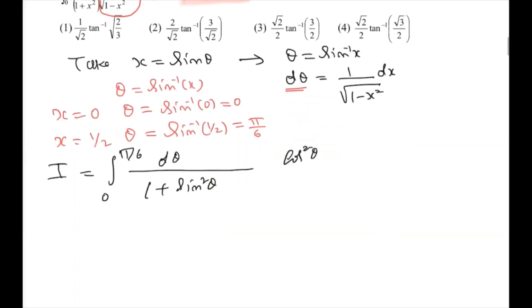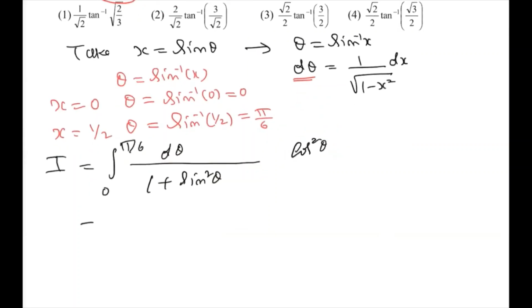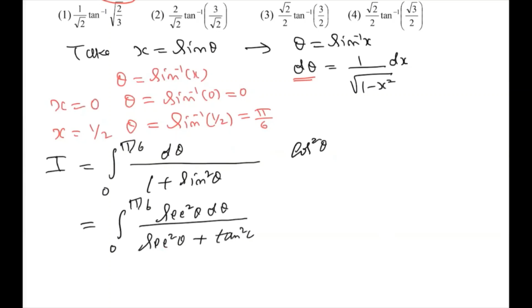So reciprocal of cos is secant. So it becomes 0 to pi by 6 of secant square theta d theta upon, here 1 upon cos square theta becomes again secant square theta, and sin square theta by cos square theta is tan square theta.